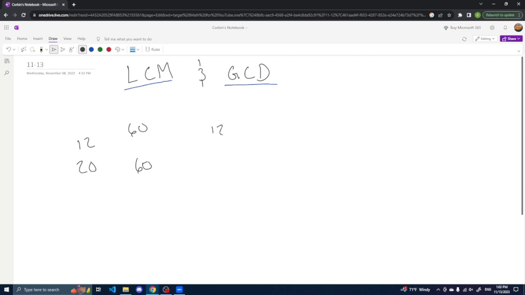And so 12 breaks down into 2 and 6, which breaks down into 2 and 3. So 12 is equal to 2 times 2 times 3. And then 20 is equal to, let's do it right here, 10 and 2, which is equal to 5 and 2. So 20 is 2 times 2 times 5.